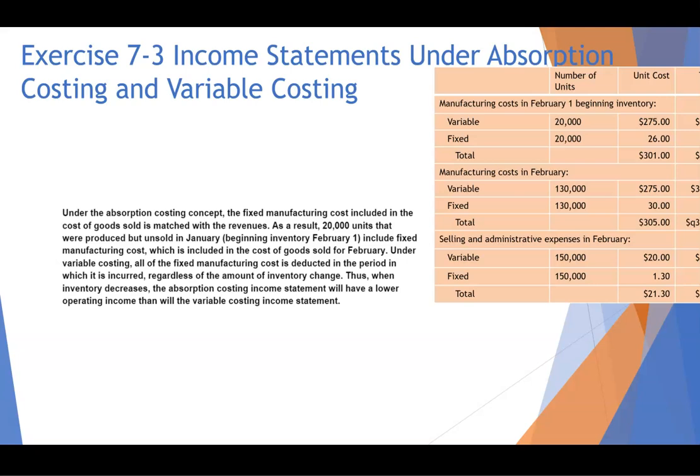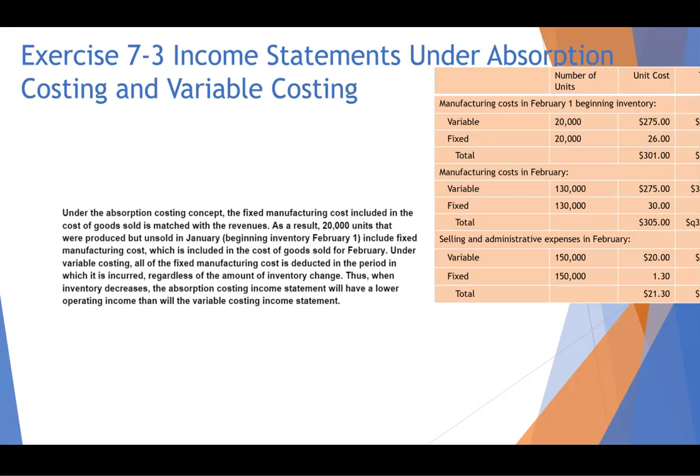Under the absorption costing concept, the fixed manufacturing cost included in the cost of goods sold is matched with revenues. As a result, the 20,000 units that were produced but unsold in January, the beginning inventory of February 1st, included fixed manufacturing cost, which is included in the cost of goods sold for February.